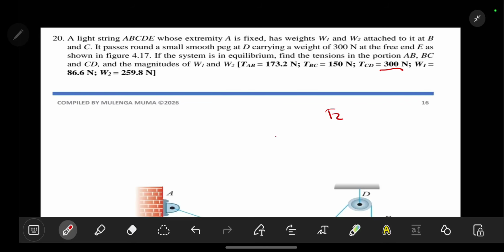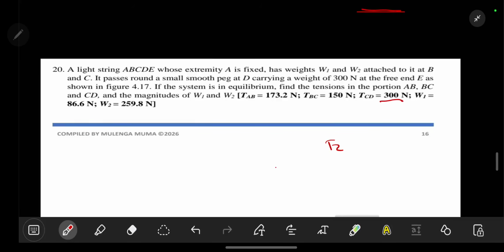Okay, so let's look at this question. We have a light string ABCDE whose extremity A is fixed, and weights W1 and W2 attached to it at B and C. It passes around a smooth peg at D carrying a weight of 300 newtons at the free end E, as shown in figure 4.17.